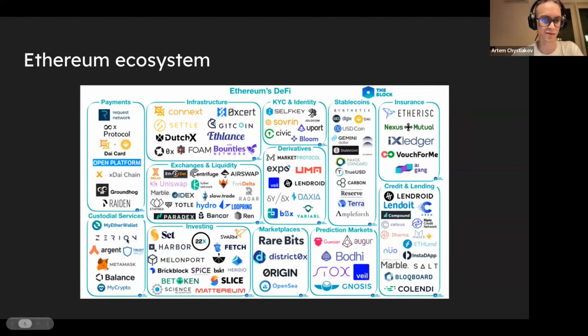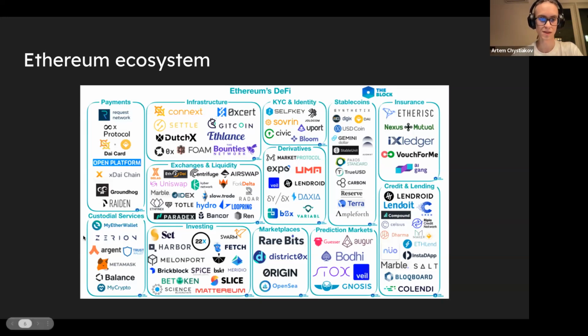We have custodial services, infrastructure, exchanges and liquidity, marketplaces, derivatives, stable coins, insurance, and every protocol has a dedicated team of developers, designers, community, and they all are trying to bring innovation into Ethereum, to build something new, to make the ecosystem better, to adapt more people, to make Ethereum mass adopted, etc.